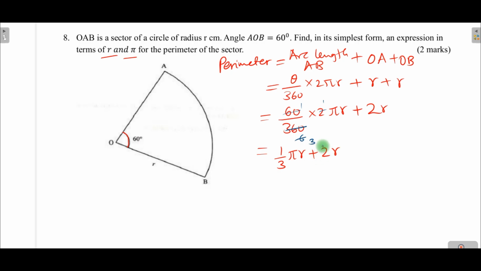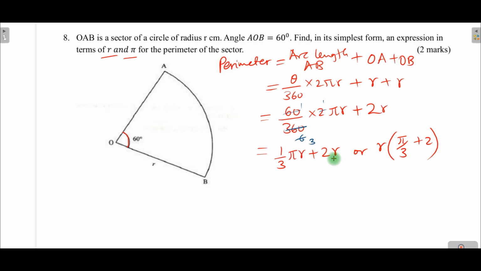We can either leave it like that, or we can simplify. r is common here, so we can factor out r. A third pi r divided by r gives pi over 3. Then 2r divided by r gives plus 2. So that is the perimeter of the sector.